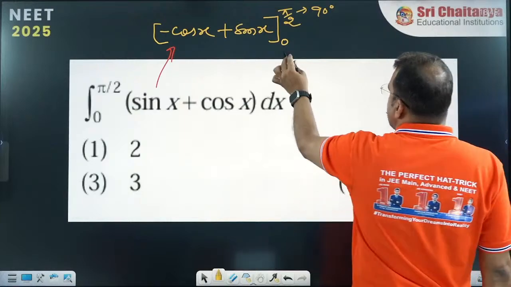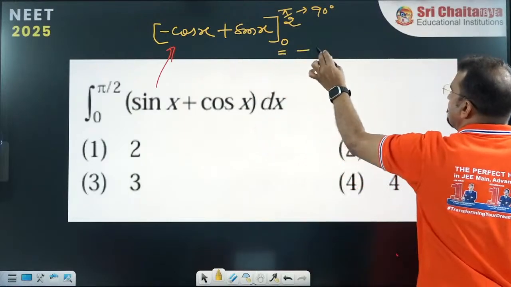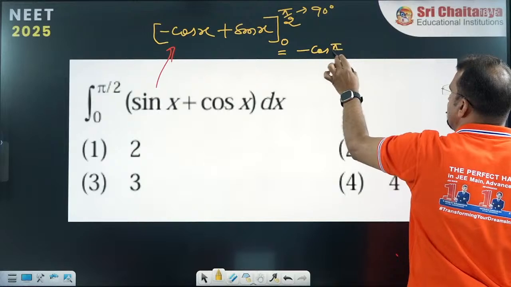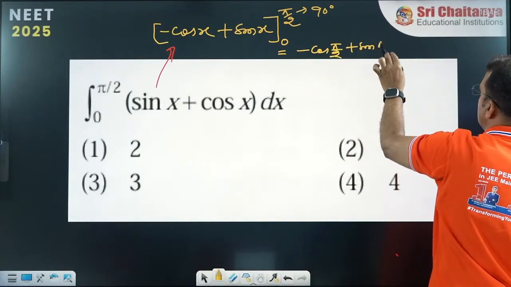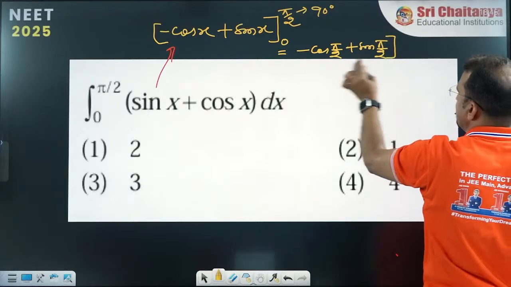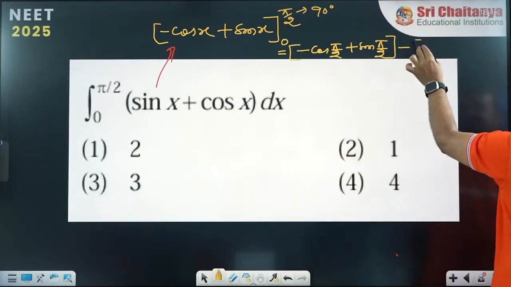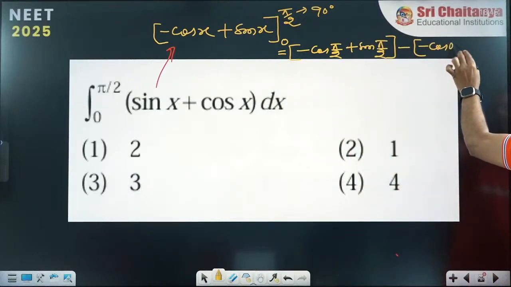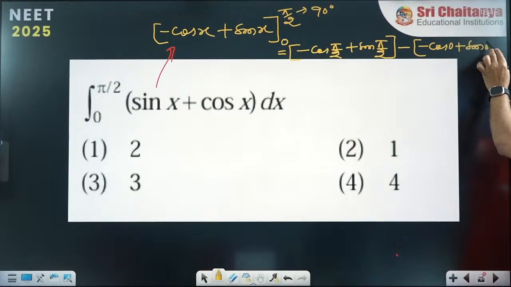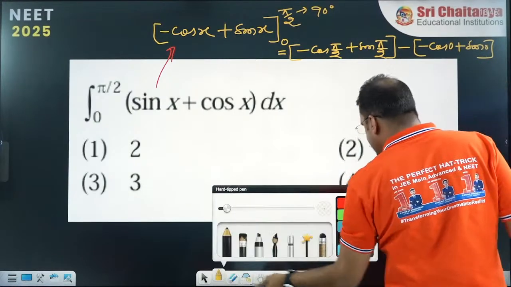Now put the limits. First one is minus cos pi by 2, and cos 90 degrees is 0, plus sin pi by 2. The upper limit part is done. Now minus the lower limit. Lower limit means minus cos 0 plus sin 0. Now calculate it. What is the right answer?